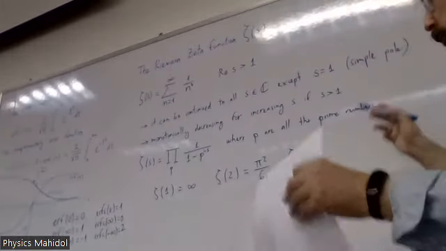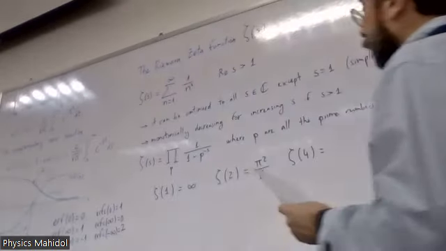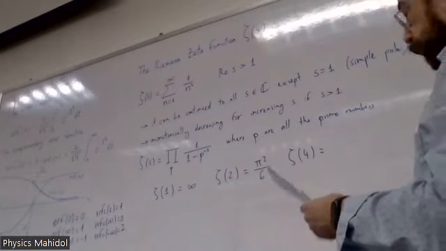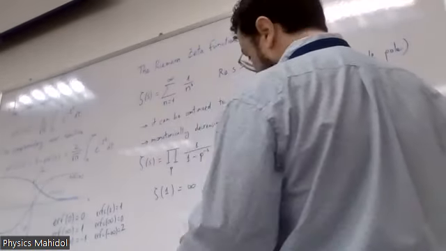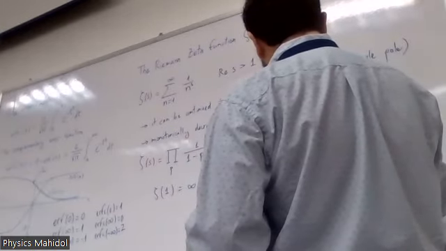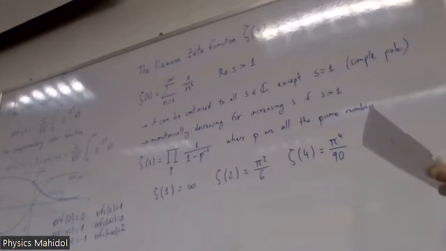Remember, for all the even integers, these values are easy to calculate with the other method. This will be pi to the power of 4 over 90, etc.